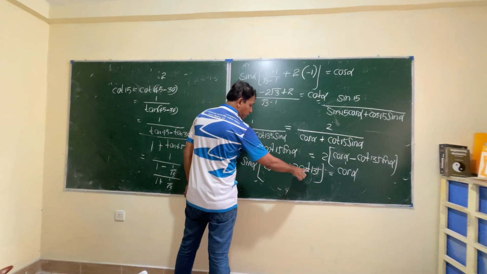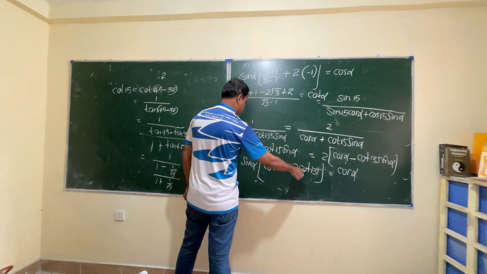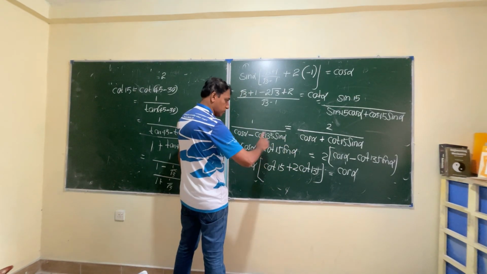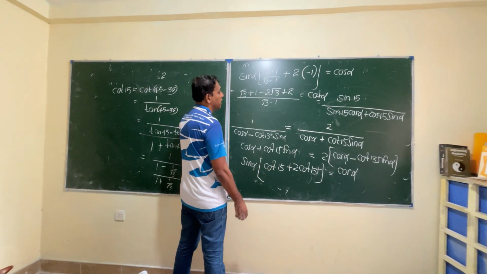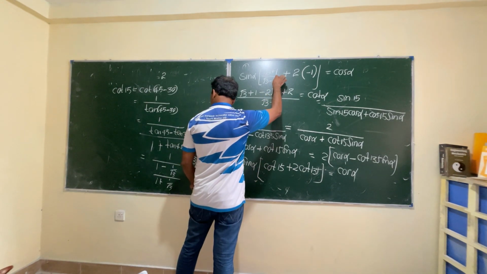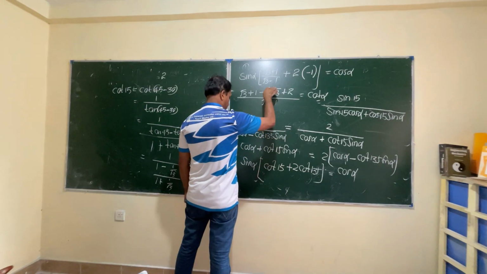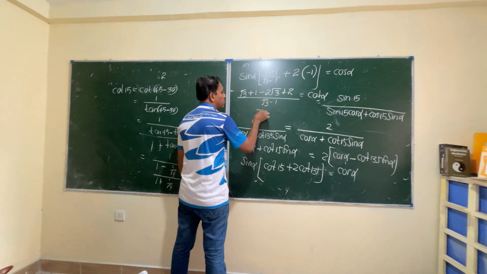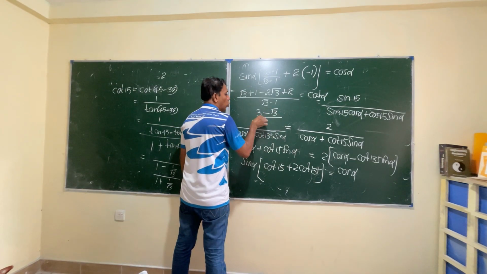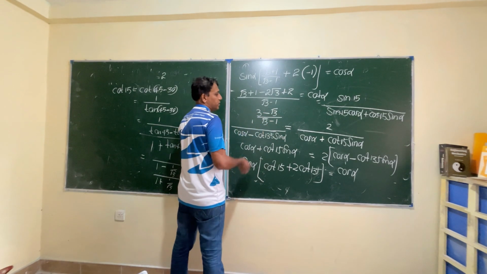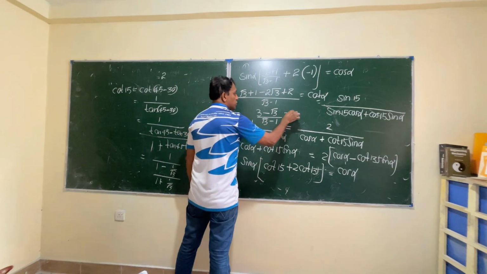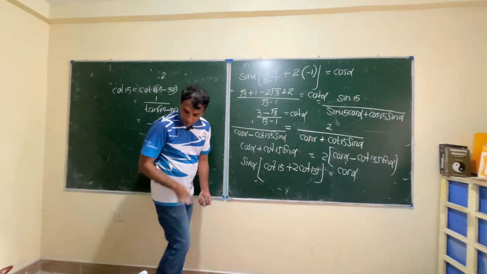Yes, there's a 2 here, cot 135 minus 1, right? Multiply this: 2 cos alpha minus 2 plus 2. So root 3 plus 1 over root 3 minus 1, cot 15, right? If you multiply minus 2 into root 3 plus 1, therefore 3 minus root 3 over root 3 minus 1. Okay, simplify this, root 3 minus root 3, 3. That is cot alpha.